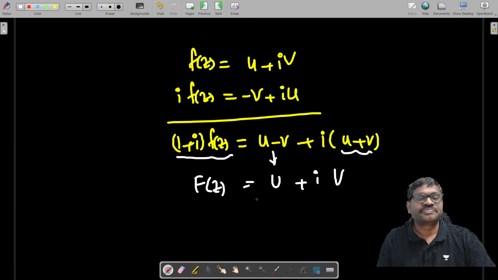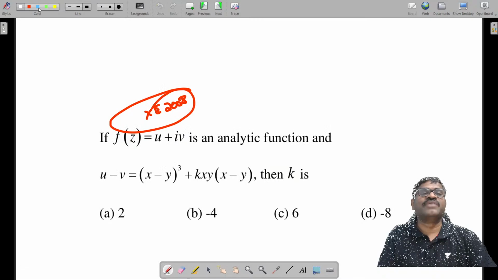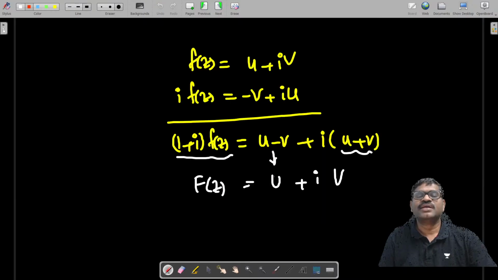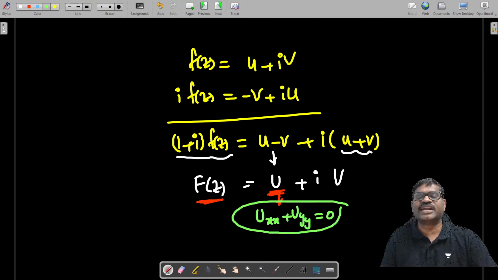Okay na? Now small u minus small v is provided. Small u minus small v is nothing but capital U. So this is provided. If f of z is analytic, u satisfies two-dimensional heat equation. U xx plus uyy equal to 0. I am going to use this condition.